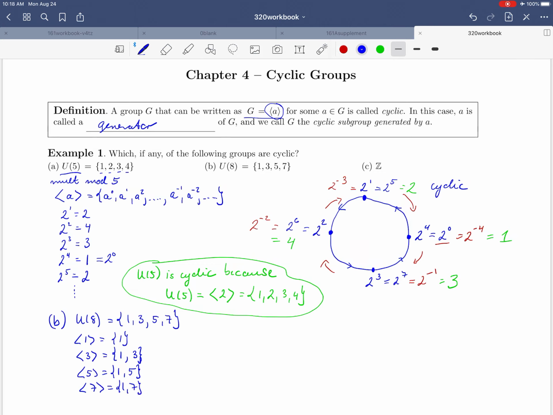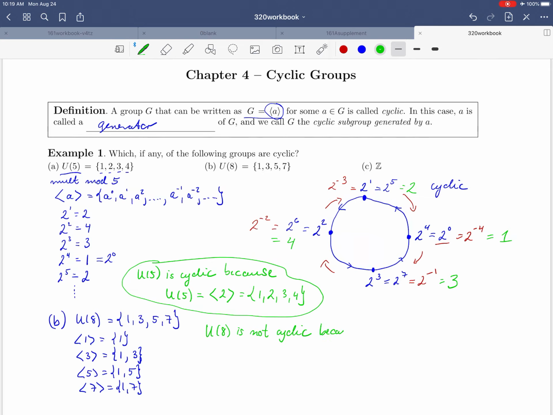So, okay, I went through all my elements and none of the sets that I generated by taking powers gave me the entire group. So that means U8 is not cyclic, because no element of U8 generates all of U8.